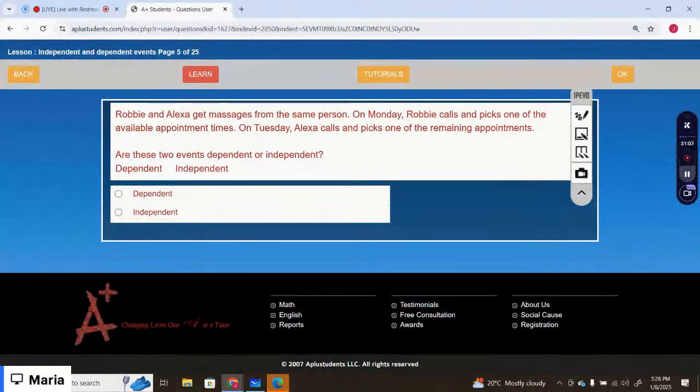Robbie and Alexa get messages from the same person. On Monday, Robbie calls and picks one of the available appointment times. On Tuesday, Alexa calls and picks one of the remaining appointments.